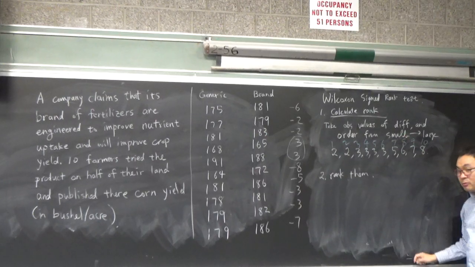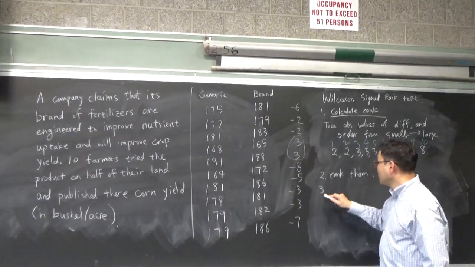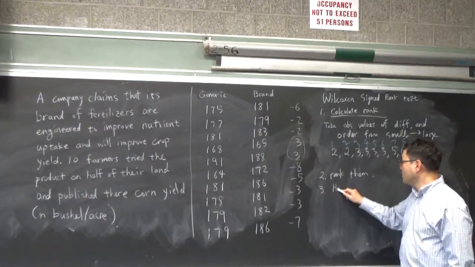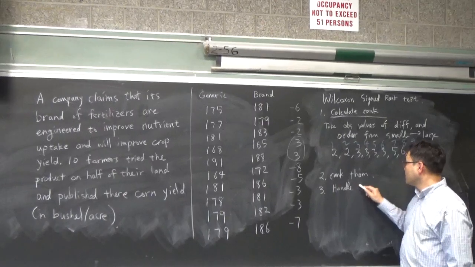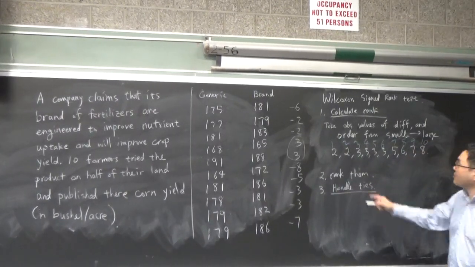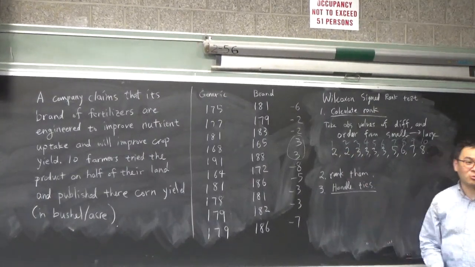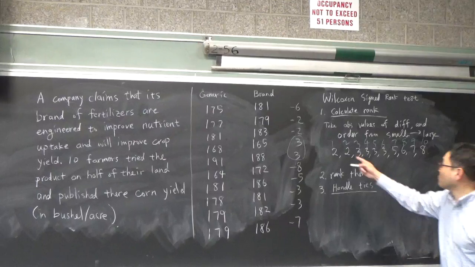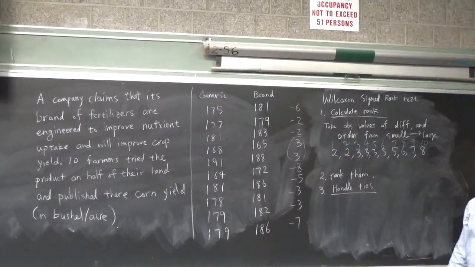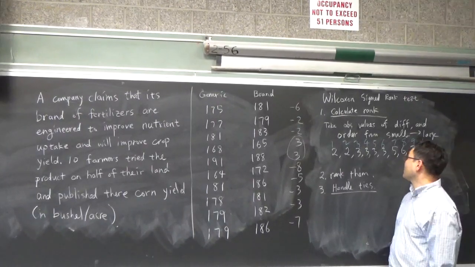I've ranked them. And then handle ties. If you have a tie, I've said this is 1 and that's 2, but they have the same value, so it's unfair to say this is 1 and that's 2, right? So we need to handle ties, and the way you do it is by taking averages.